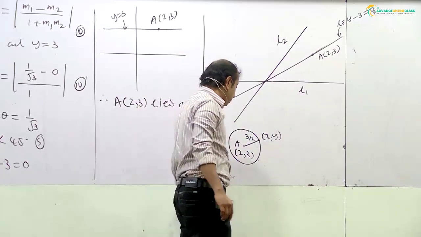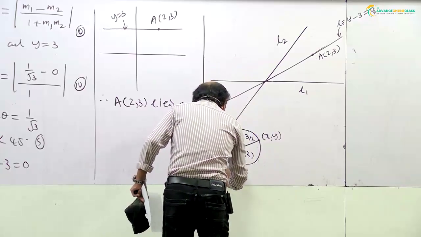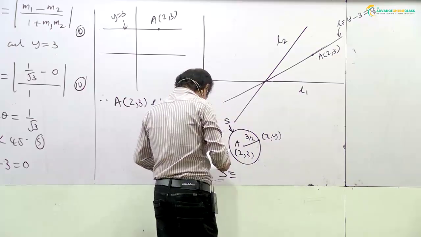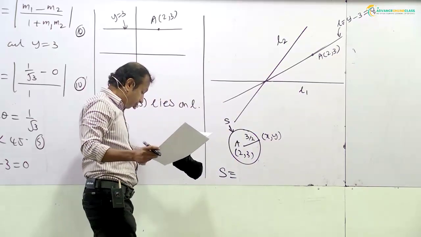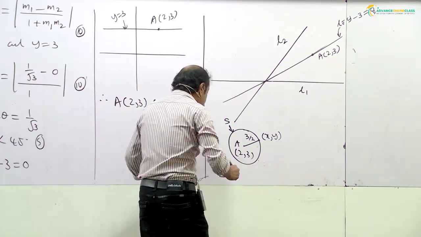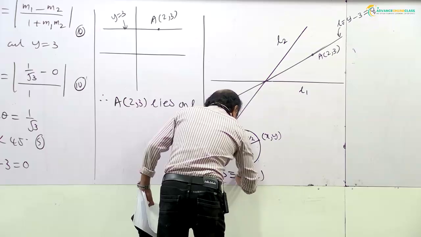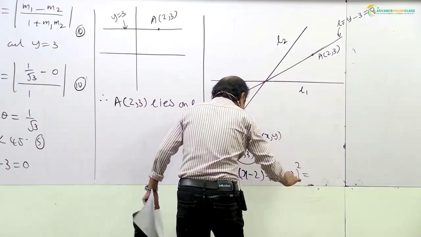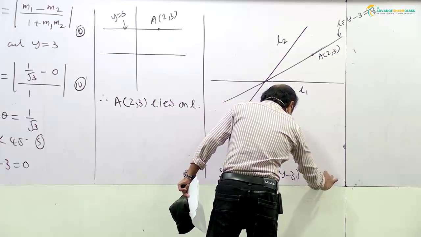Am I correct? Yes. The circle is given as S. So (x minus 2)² plus (y minus 3)² equals 9 by 4.